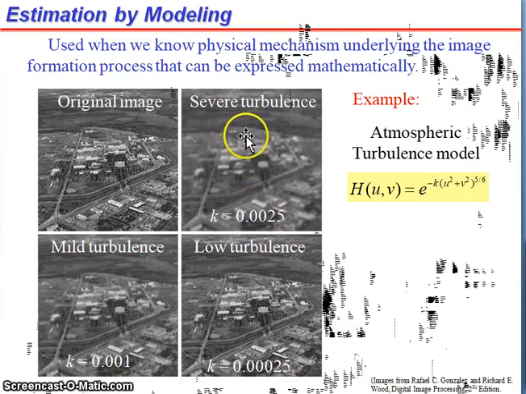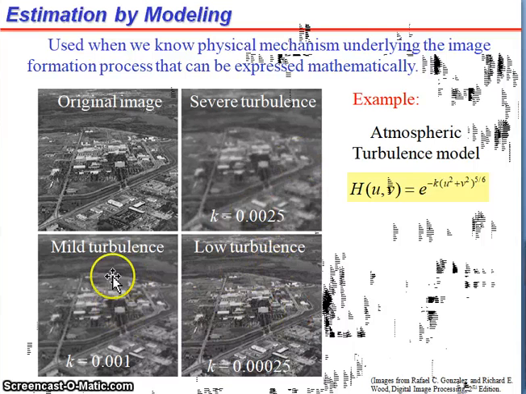For turbulence estimation, I can easily estimate this turbulence by using this formula: e power minus k times (u square plus v square) to the power 5 by 6. Based on k, if I change the k values, for different k values I can get images like this.